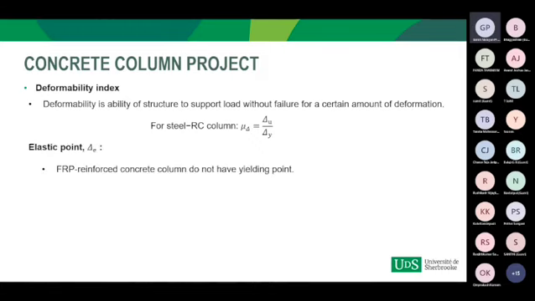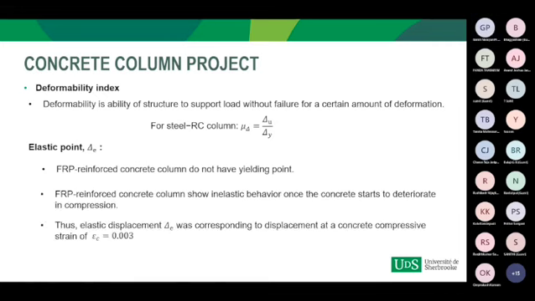However, for a GFRP reinforced concrete column, we don't have any yielding point, because the GFRP bar doesn't yield. So in this case, we have to find a different way which shows the inelastic behavior. In my concrete columns, I have two materials, the GFRP bars and the concrete. And I know that the concrete can show inelasticity, not a big amount, but it can show it when there is cracking, spalling of the concrete cover, or slippage of the bar.